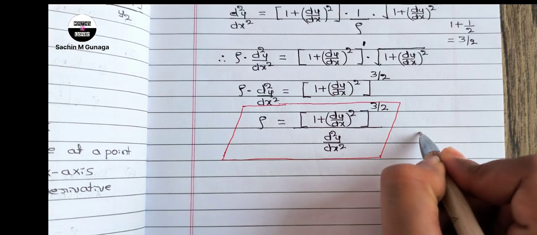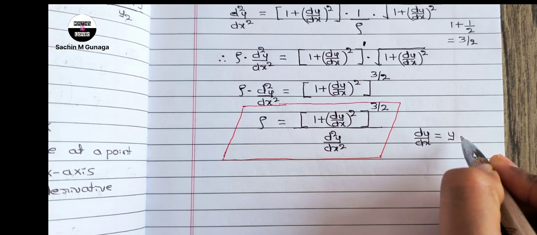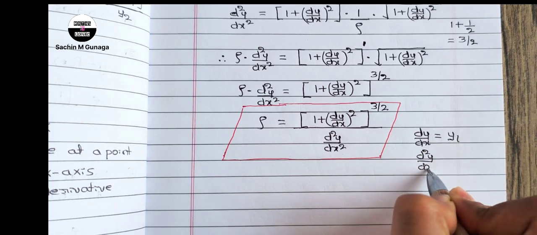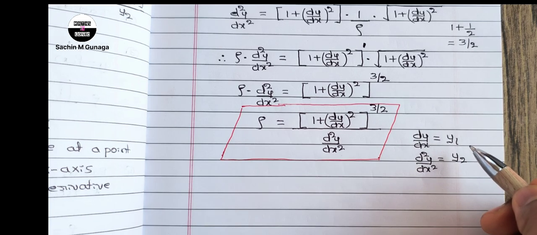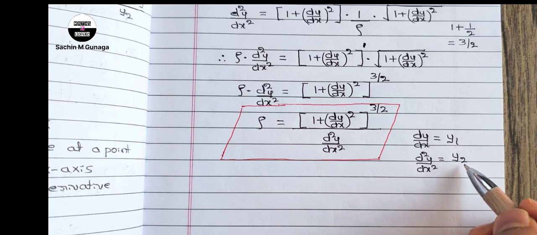Here, if I take y1 in place of dy by dx and in place of d square y divided by dx square the second derivative y2. The first derivative we sometimes denote by y1, the second derivative sometimes by y2.